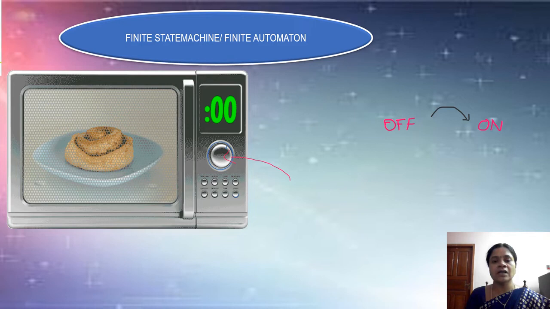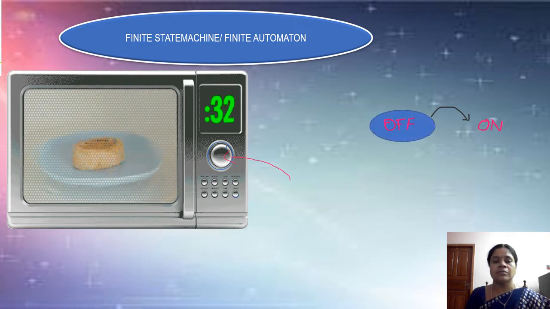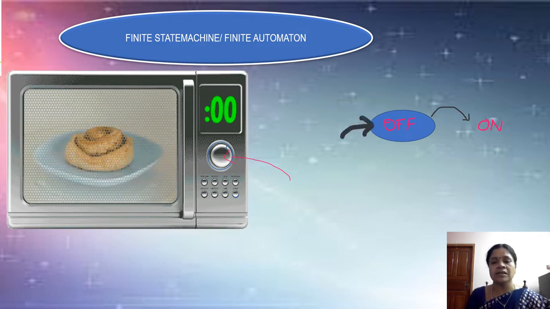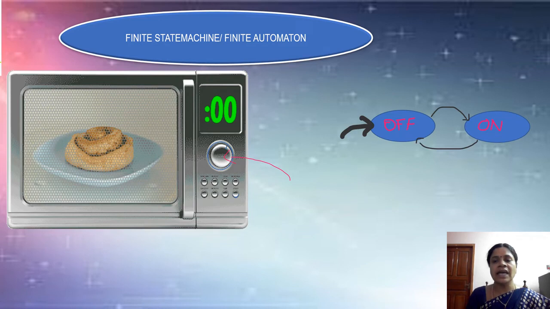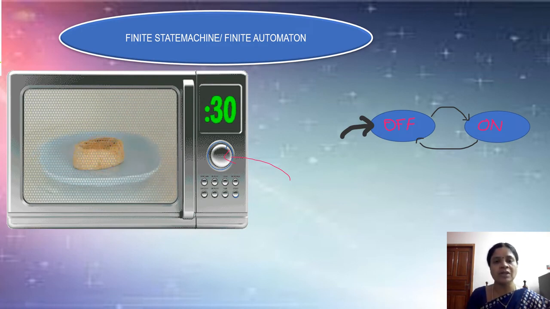As soon as we start the microwave oven, when it is brand new, its starting state is off, and when we press the processor button, it goes on to the on state. After finishing the process, again if we press the button, it moves on to the off state. So this is a simple machine which we can give as an example for a finite automaton.